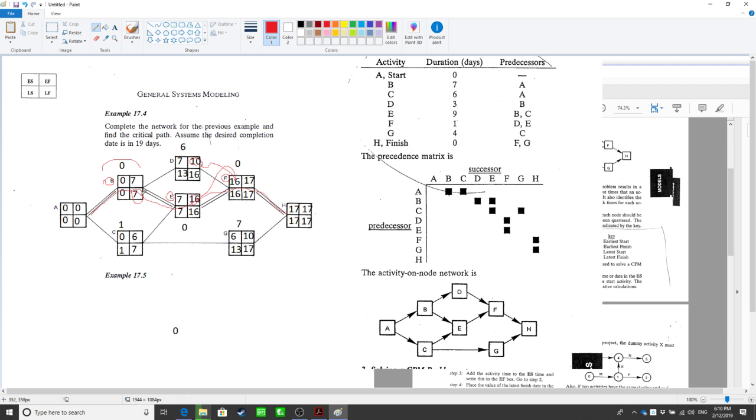This LF depends on the smallest LS of its successors, which is 13 and 7, right? So it is a more direct view. It's closer to it, right? And then you calculate the EF and the LS. They are all calculated with a simple plus or minus with the duration, right? Yes.